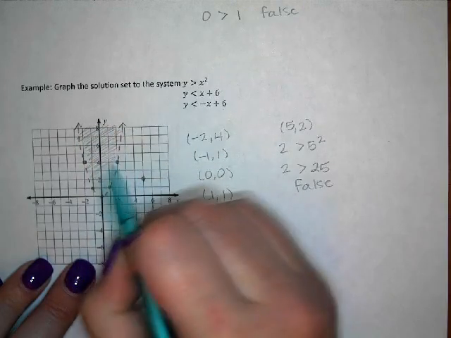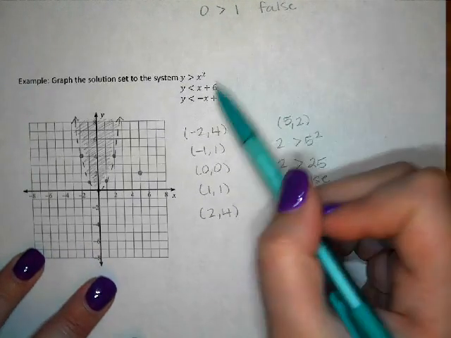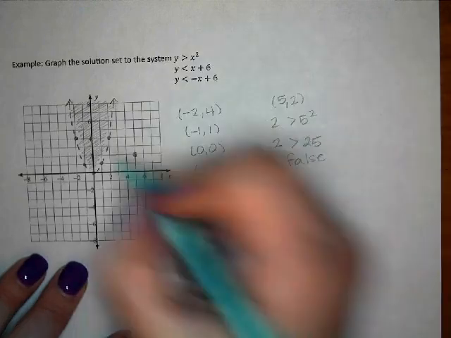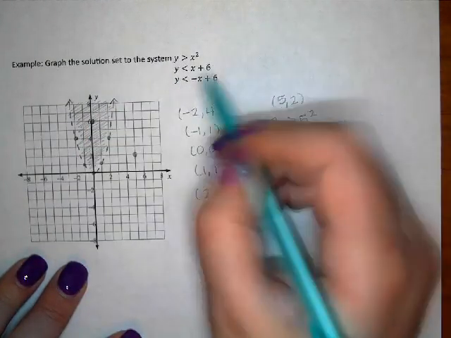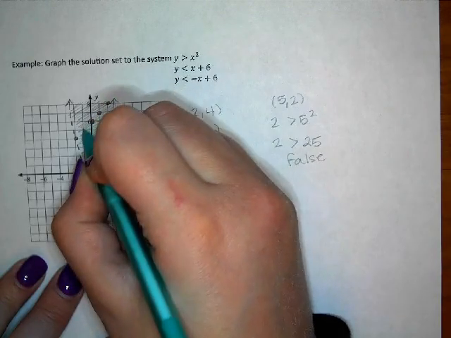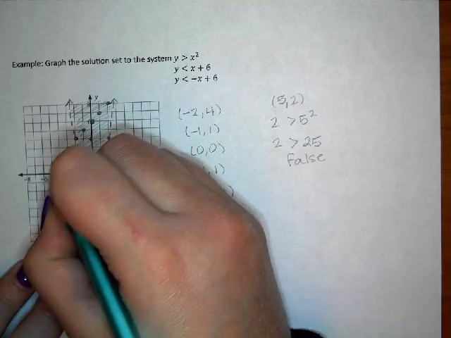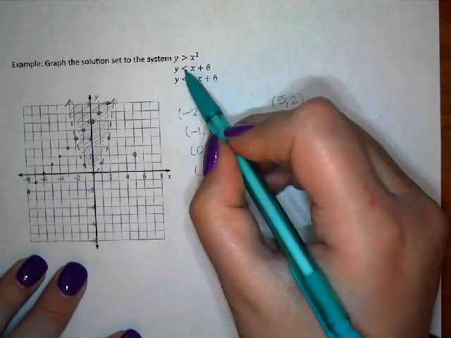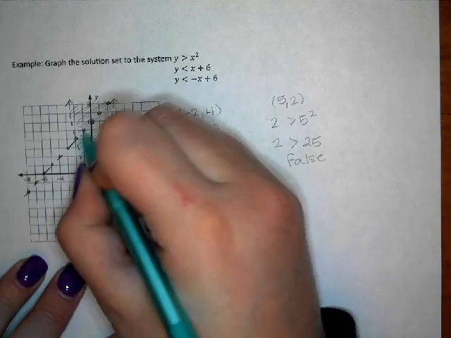The first one is starting at positive 6 and has a slope of positive 1. And this is a dotted line. For this one, I can use the point (0, 0).